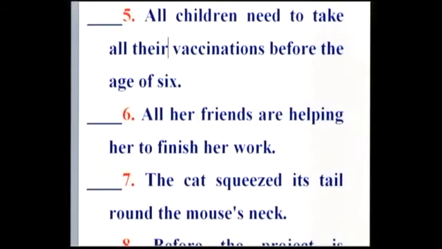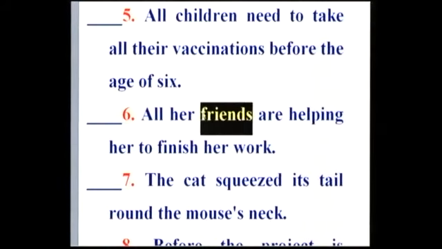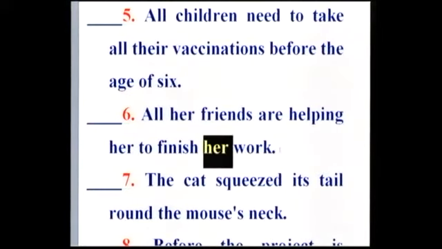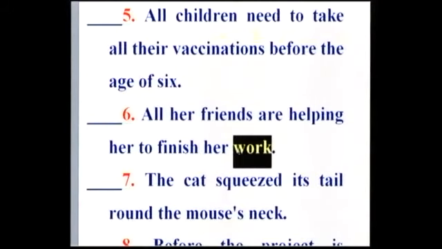All her friends، her adjective followed by a noun, friends، يبقى this is correct. Are helping her يعني نفتكر برضو her هنا is an object. طيب لكن her هنا is a possessive, it's an adjective followed by the noun work. طيب لأن انتوا عارفين her ممكن تبقى adjective و her برضو ممكن تبقى pronoun object.